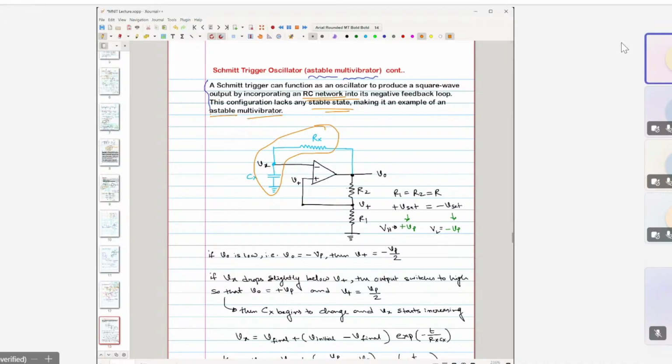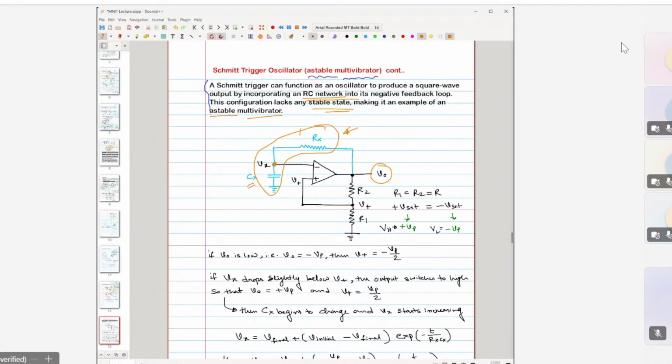Now compared to the previous circuit, the additional part is this. Here we have taken the feedback from Vout through a resistor and fed it to a capacitor, which is Cx. We term the potential of this capacitor as Vx.